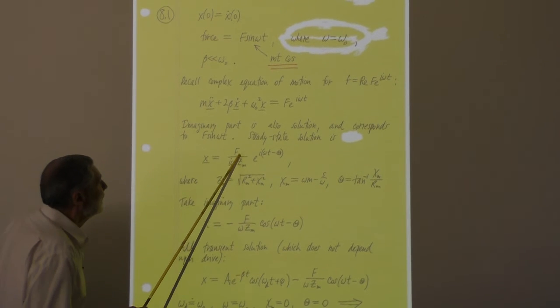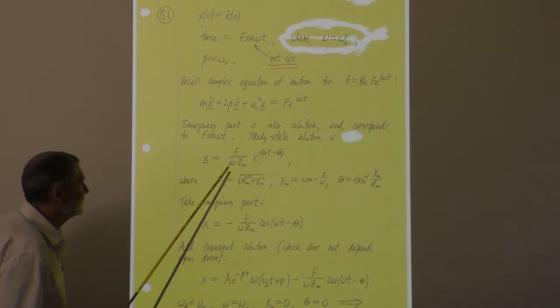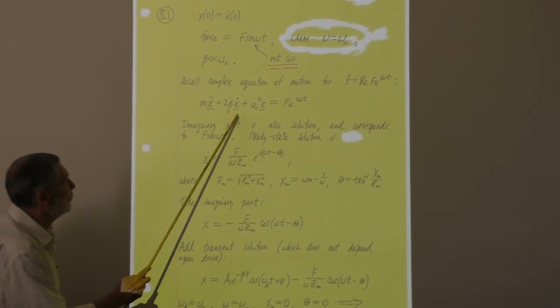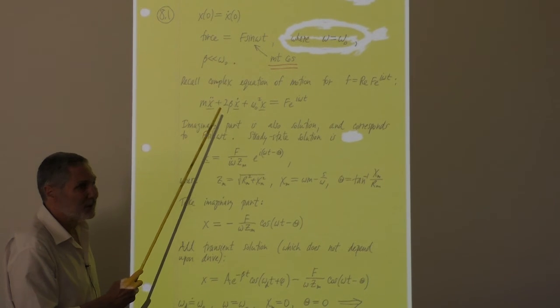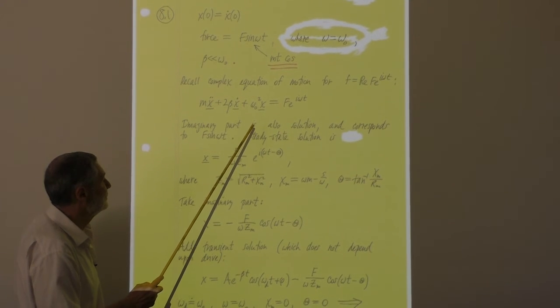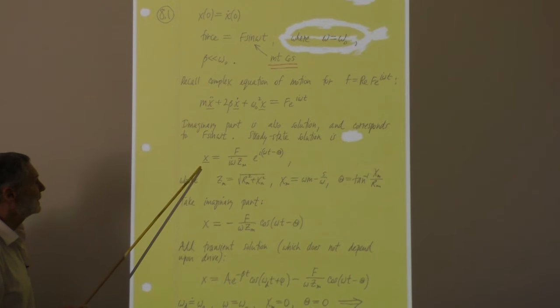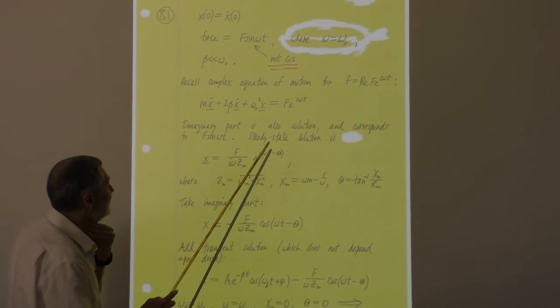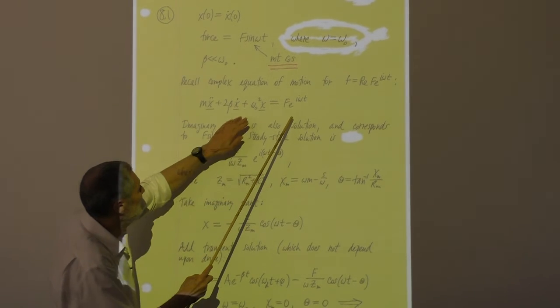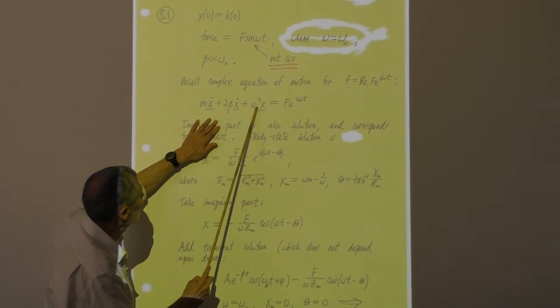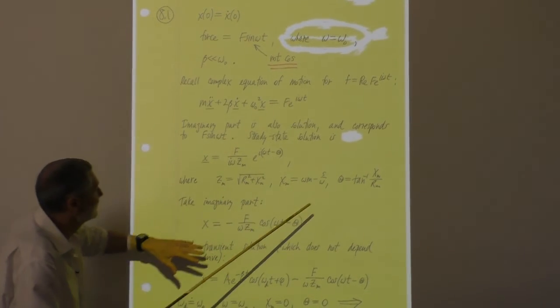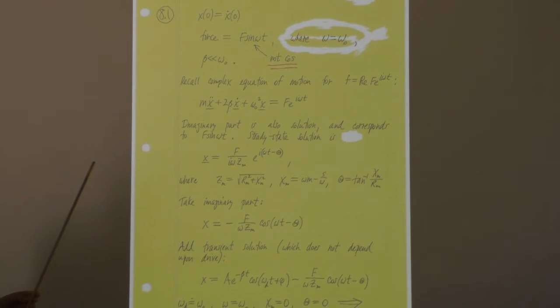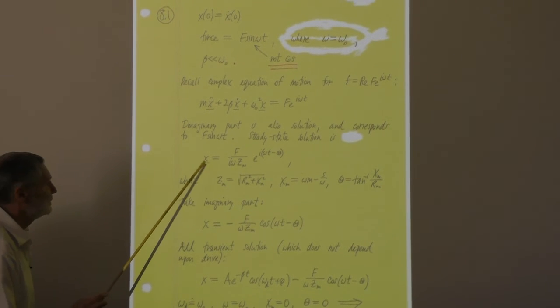So I think the best thing to do here is just, we know how to solve this, right? It's really easy from the complex exponential point of view. We let x be a complex amplitude times e to the i omega t. And we choose that because, because of the structure here, the e to the i omega t will cancel. We're going to be able to get a solution. And here's the solution.